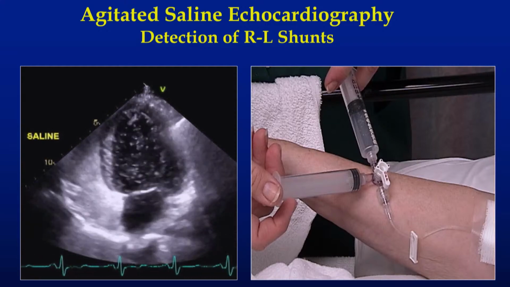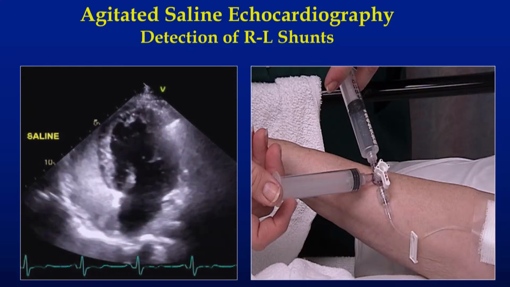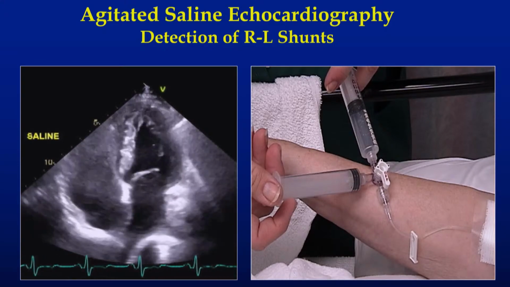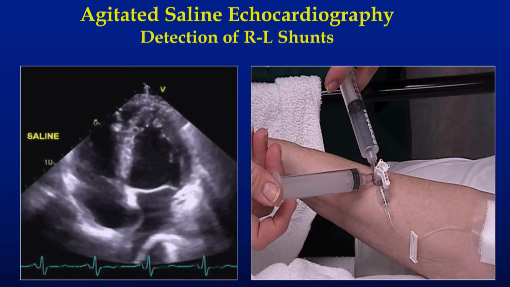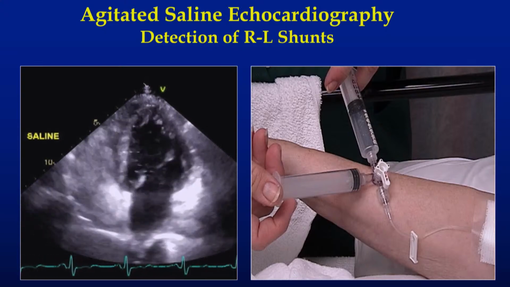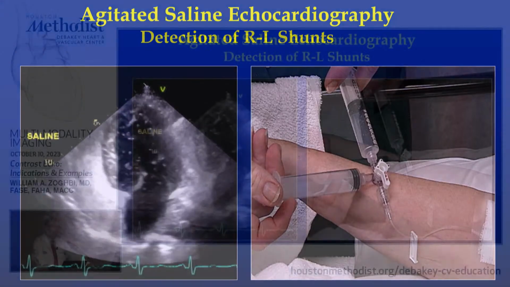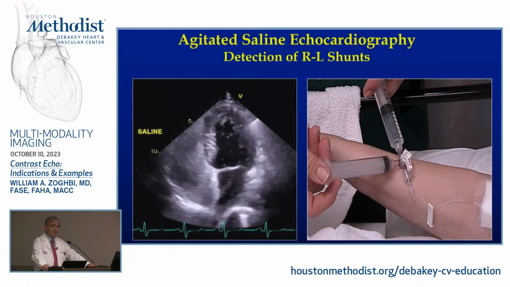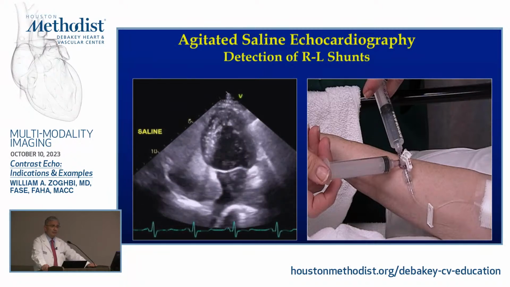So it can happen late if that gradient changes, but typically it happens early. As opposed to an AV fistula, it occurs always late and is not affected by Valsalva maneuver. So if it is there, and on the non-Valsalva one you don't see any contrast, you don't have an AV fistula.